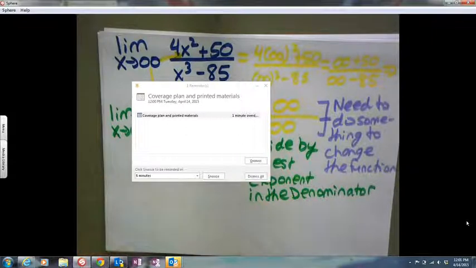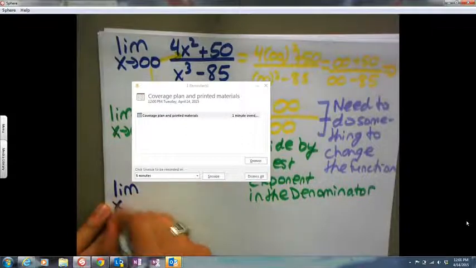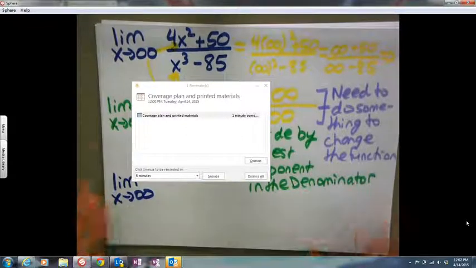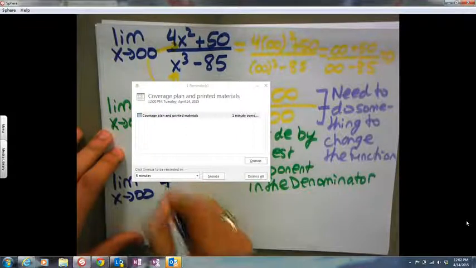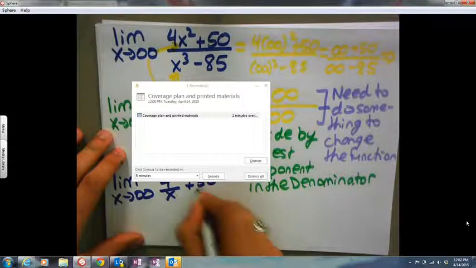So we're going to divide each term by x cubed. So let's see what happens now. We've got the limit, and if you divide everything by the same thing, the expression doesn't change. So this is going to become 4 over x plus 50 over x cubed, divided by 1 minus 85 over x cubed.